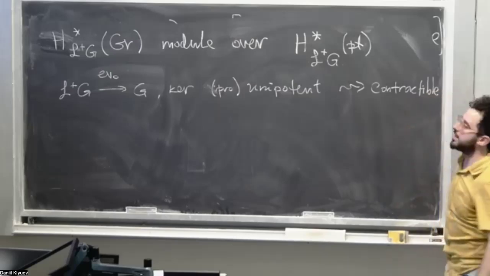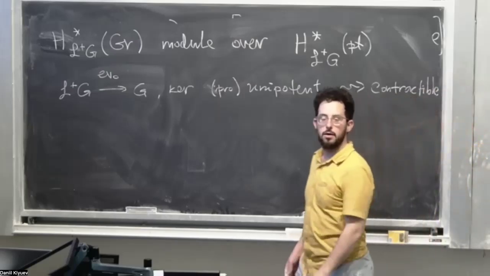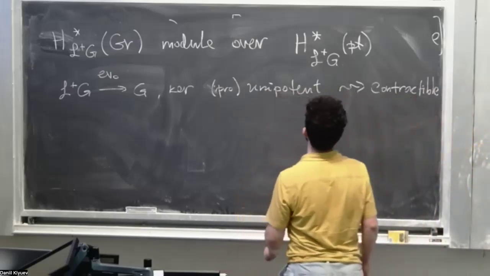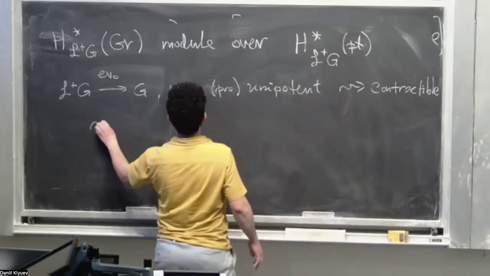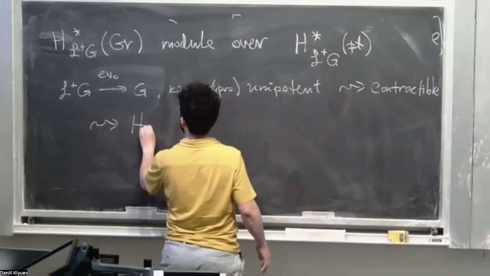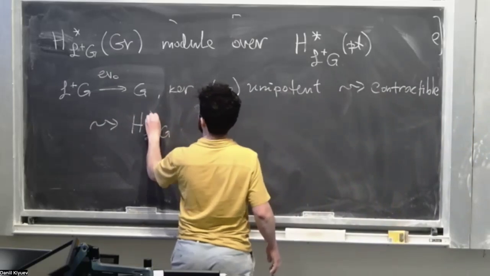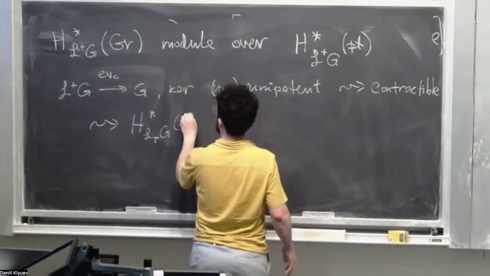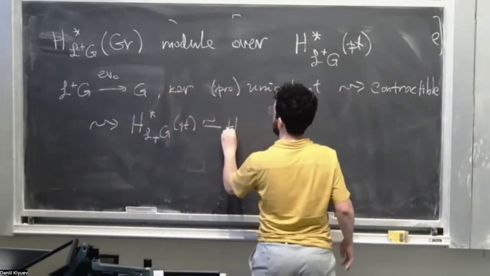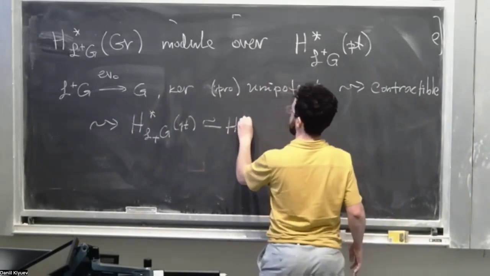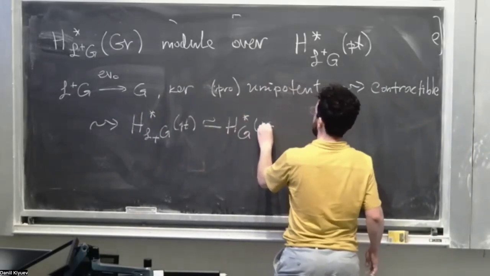Just like we had in the case of the Borel, where we could reduce to the torus. So the positive loops equivariant homology of a point is the same as just the G-equivariant homology of a point, which we already know what it is.